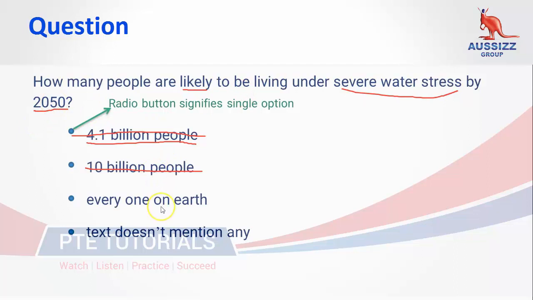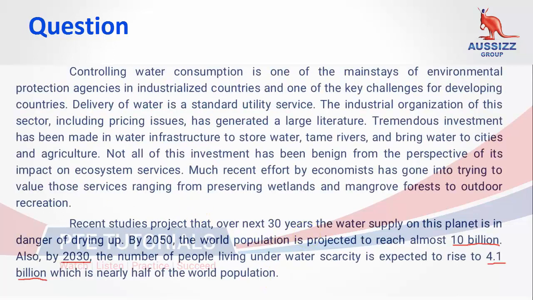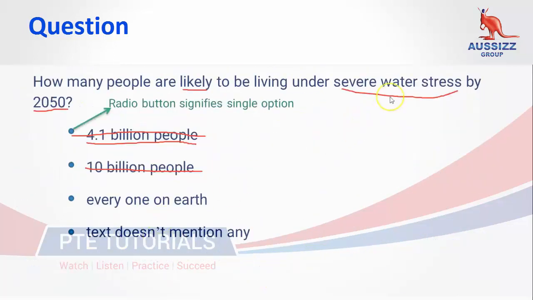If none of these answers are found within the text fulfilling all of these requirements, then that means that the text doesn't mention any. The wording is extremely important. Don't overthink it. If the words are not in your answer that don't fit exactly what the question is asking, then it is not going to be the right answer.